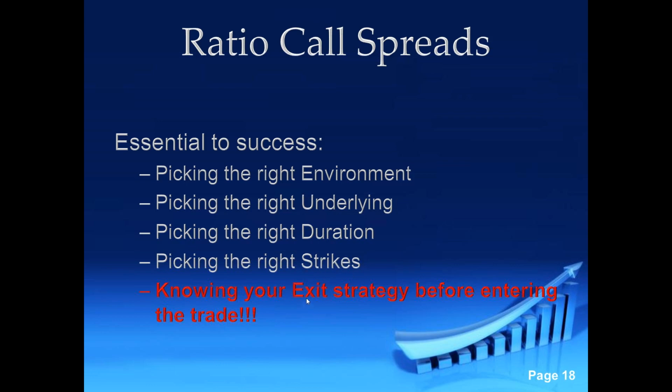Why? Because that keeps us mechanical, you guys. If you know where you're getting in and you know where you're getting out, that keeps you mechanical. And that is the most important thing in trading, is staying mechanical. It takes the emotion out of it.